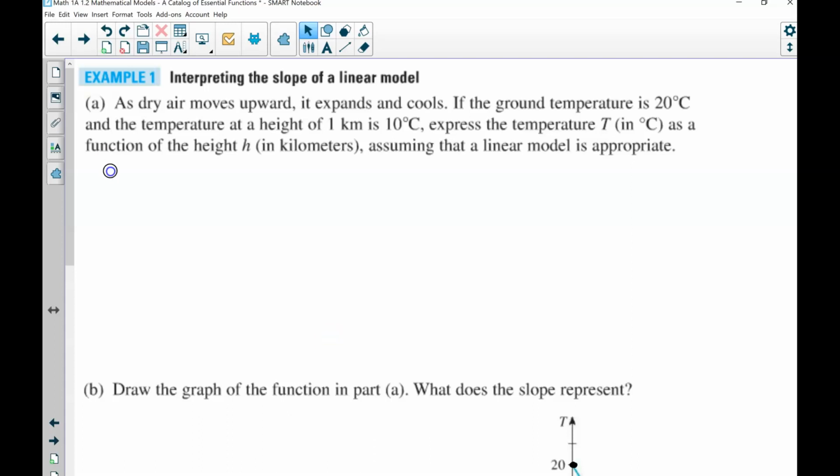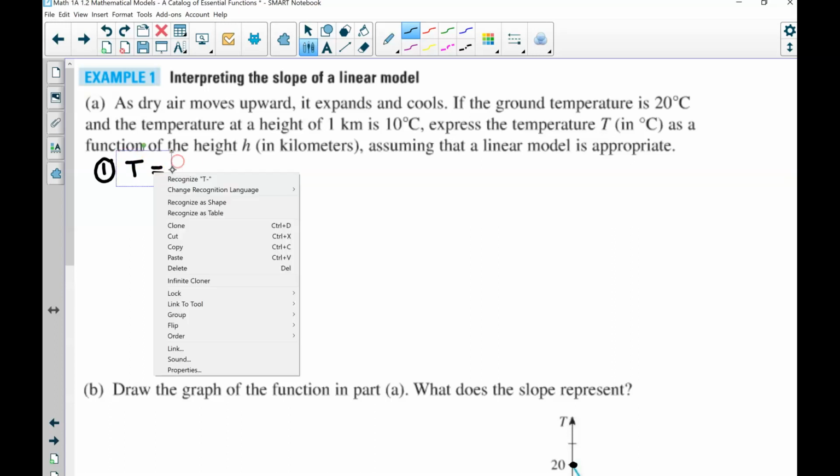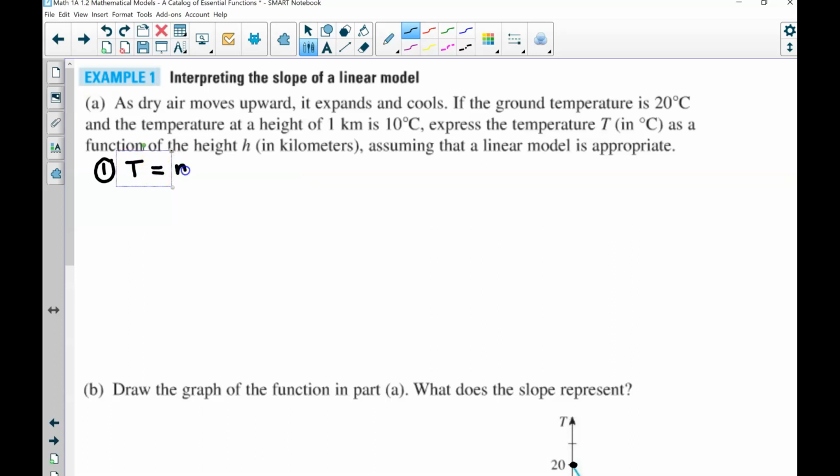So for part A, we're assuming that T is a linear function of h, so we can write this in the form T equals mh plus b, where m is the slope and b is the y-intercept. From the problem, the ground temperature is T equals 20 degrees.